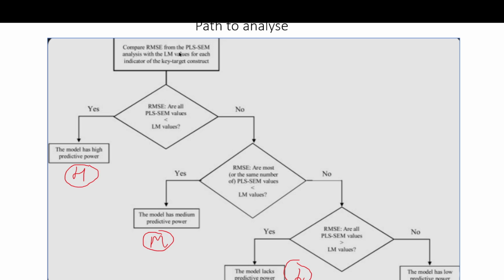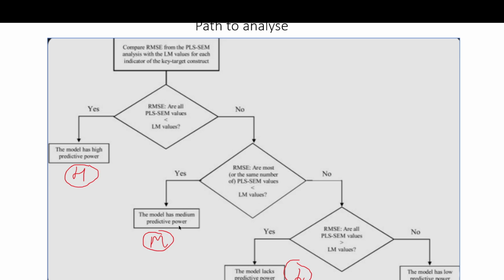Now, this is a path. Compare RMSE from the PLS-SEM analysis with the LM values for each indicator of the key target constructs. Are all PLS-SEM RMSE values less than LM values? If yes, then the model has high predictive power. If no, then find out whether most PLS-SEM values are less than the LM values.